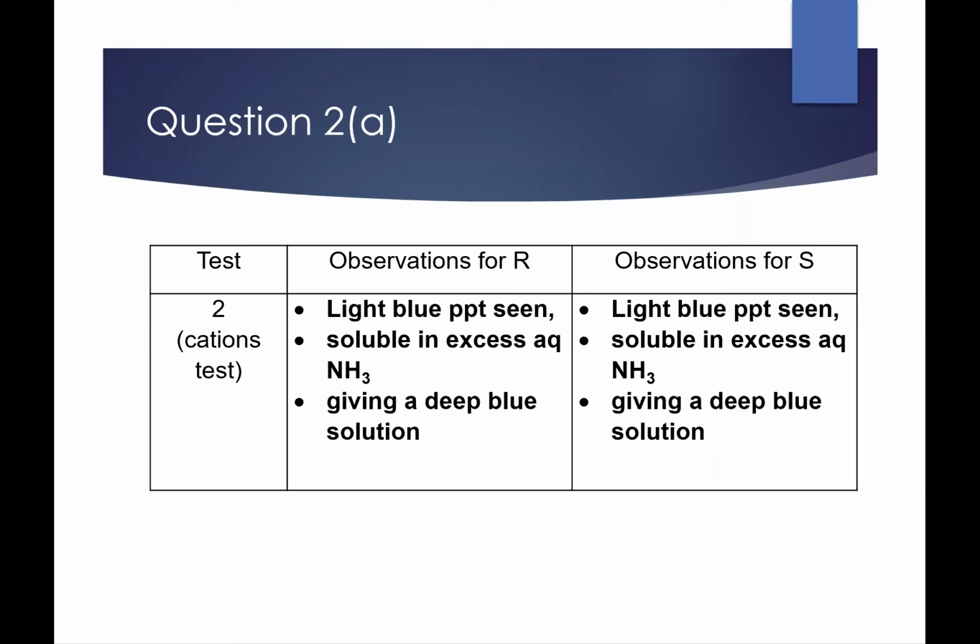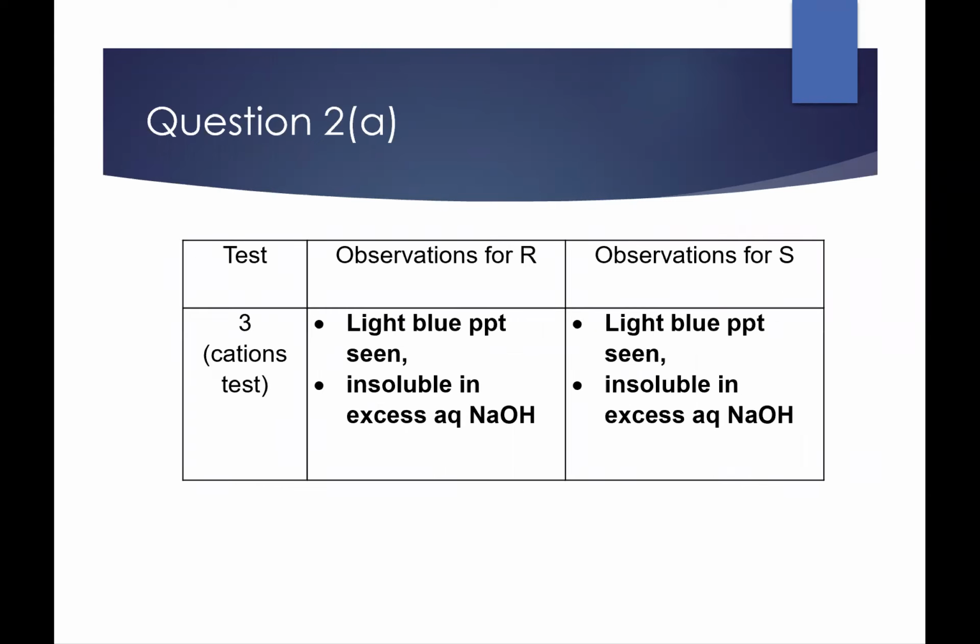And some of you didn't even mention that there is a light blue precipitate form. So all these parts are necessary points, and therefore you have to include them in their entirety, okay, in the whole thing.